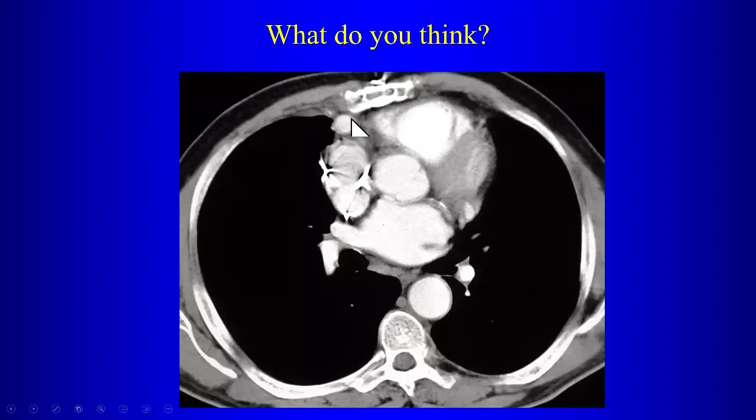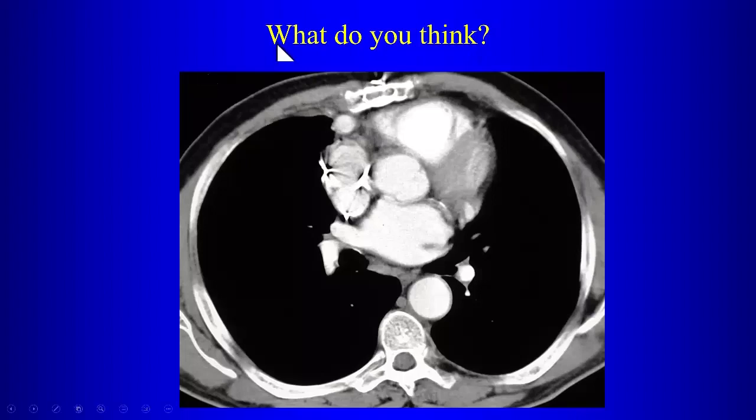So what is this over here? RCA? Internal mammary? Well, whatever it is, it's abnormal in size, right? So there's a dilated vessel there, so our question is, what is that vessel? Is that a big RCA, or is that something else? Is there a clue? Any other clue on the image?